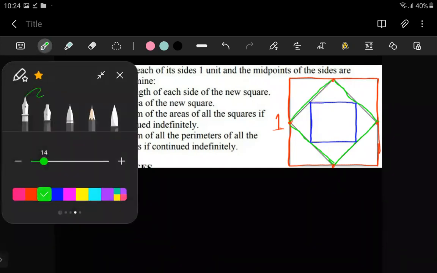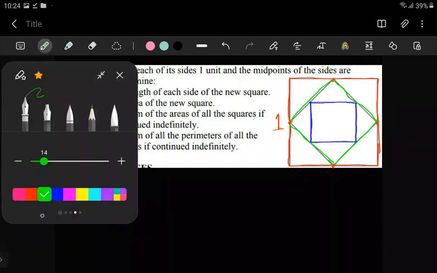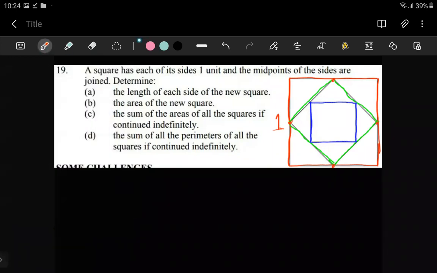I was thinking because it's the midpoint where the corners meet, can't you say the one side's half and the other side's a half? Definitely, we can do that. It's even easier for us to do it like that. This is a half, this is a half, this is also a half. All the sides here are a half.